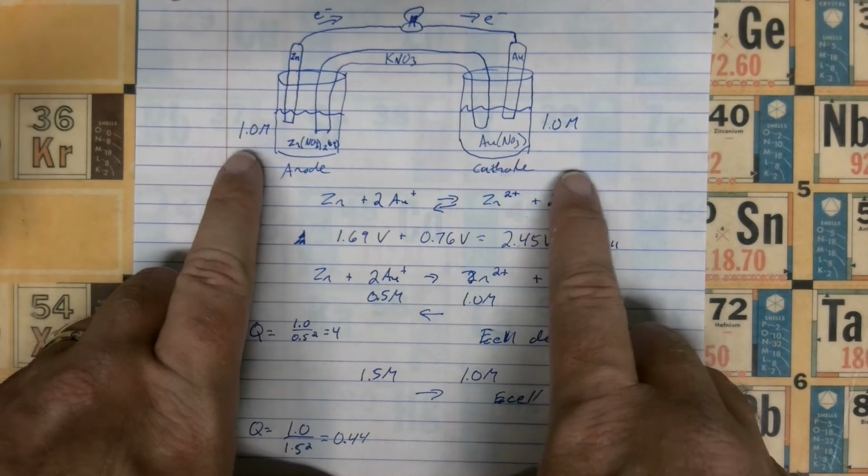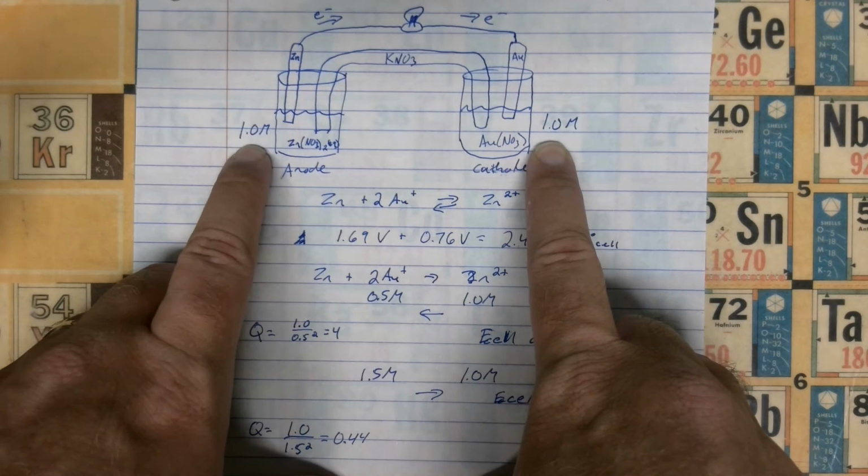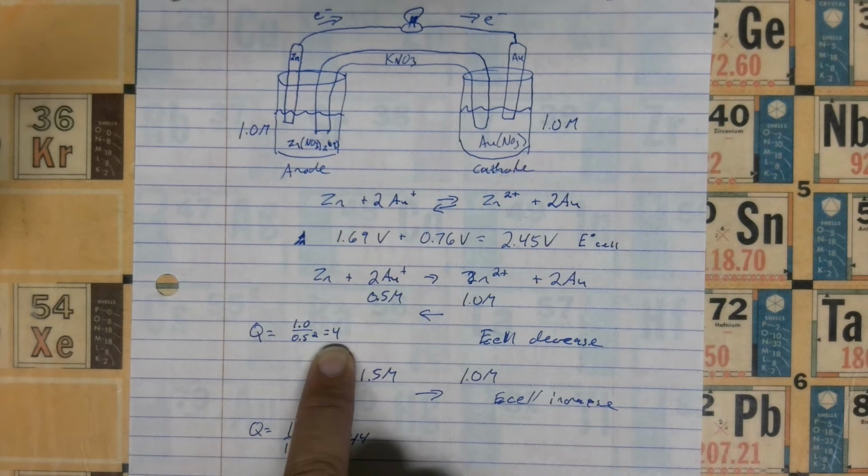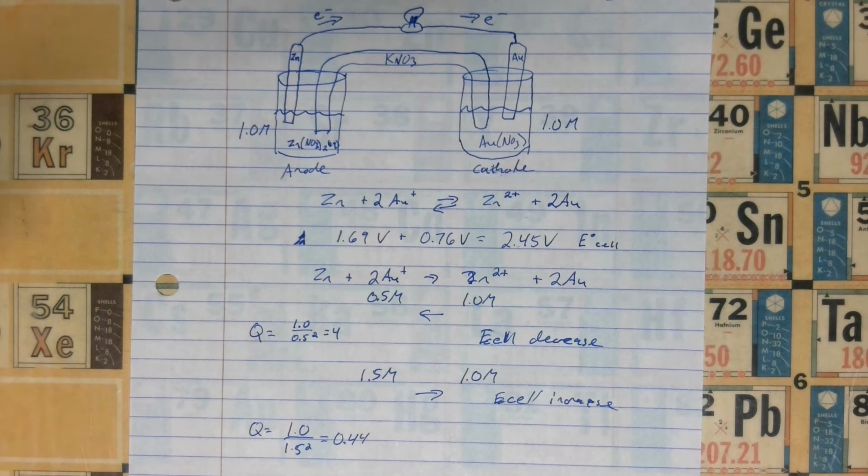Well, if you think about back up here, our reaction quotient is 1 over 1, which would just be 1. So if we compare this 4 to the initial, which is 1, our reaction quotient is getting bigger.